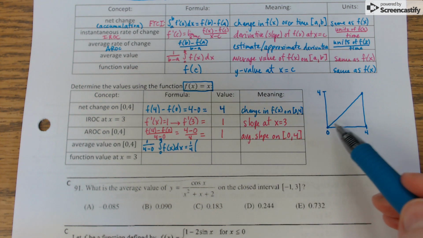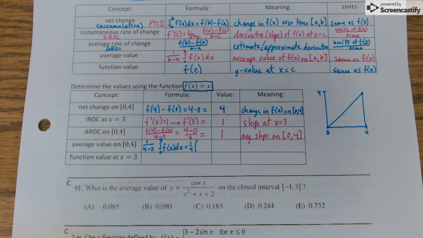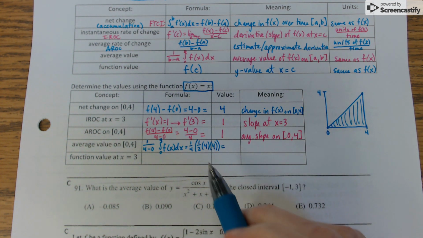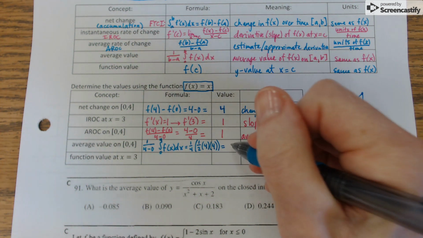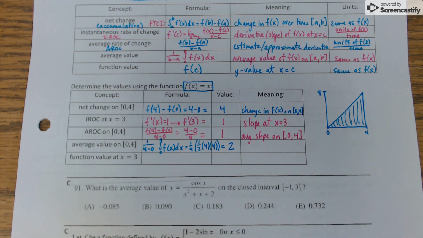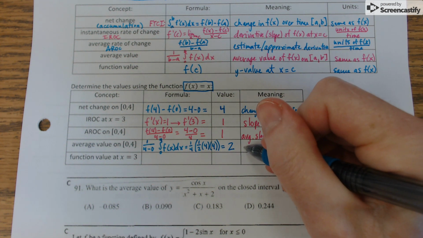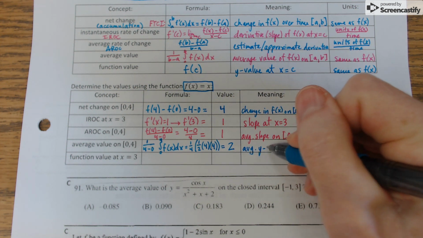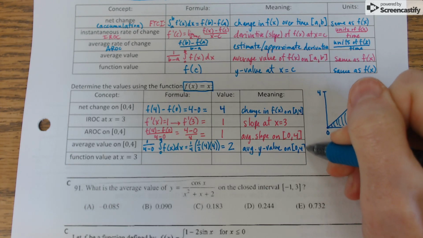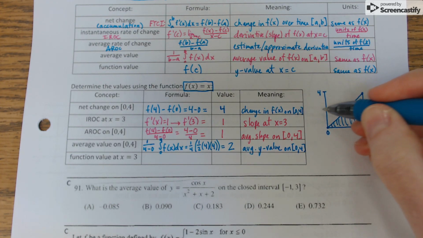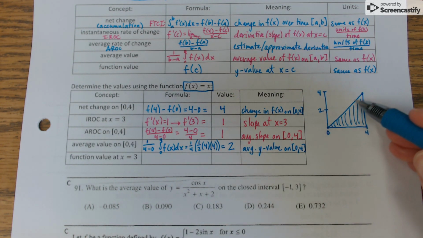But let's use the graph to find the area of that triangle. So I've got my 1/2, my base and height are both 4, and so the resulting area would be 2 when you make all those multiplications, and that gives me the average y value on 0 to 4, which I think you can agree that if you look at all the y values from 0 to 4, right in the middle, the average would be 2.